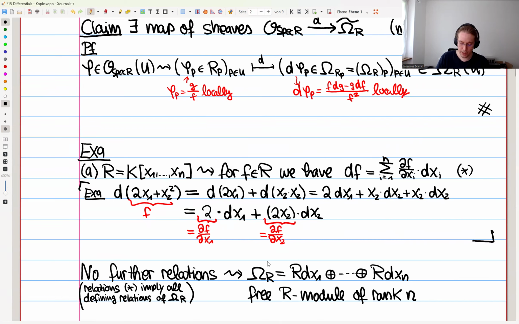And so this means that omega r in this case is actually a free R module of rank n, which is already encouraging because the spectrum of this is an n-dimensional space, and so its cotangent bundle we expect should also have rank n. So in this simple case, this was true.